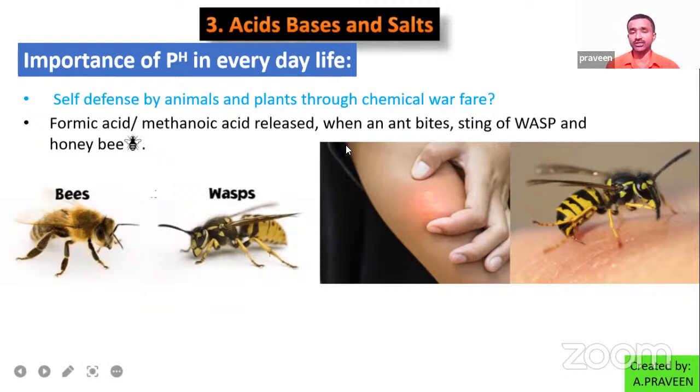pH is also known as the universal indicator. The universal indicator helps us find out the acidic, basic, and neutral nature, as well as the strength of the substance.